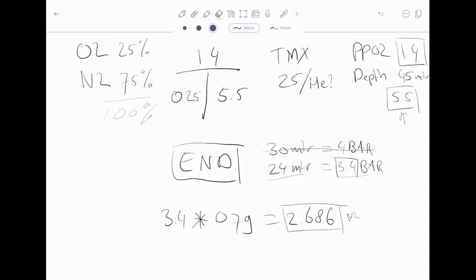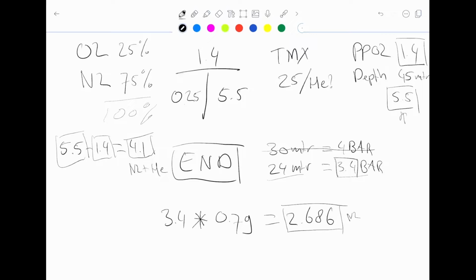We calculated the nitrogen, and you know what's really interesting? Remember, we have 5.5 minus 1.4, which is 4.1, nitrogen plus helium. This gas plus this gas is this gas, so we can break this up. Well, look at this, we already calculated our nitrogen.